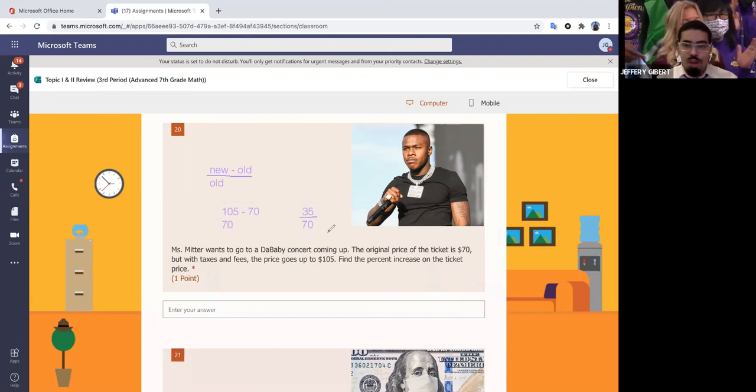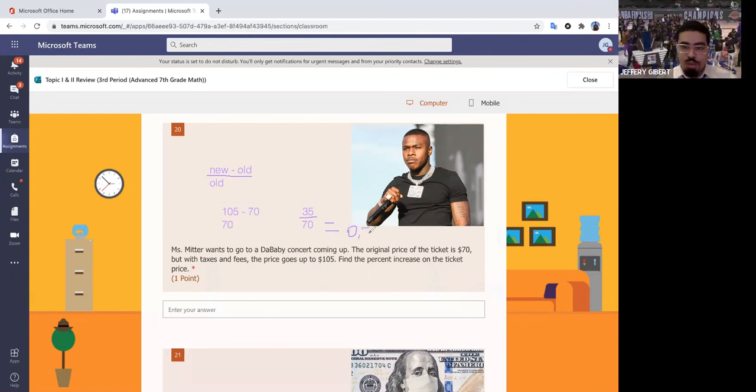And 35 divided by 70 is equal to 0.5. And when you want to convert 0.5 to a percentage, you just move the decimal point 2 times to the right. So 1, 2. And fill that spot with a 0. So that is equal to 50%.